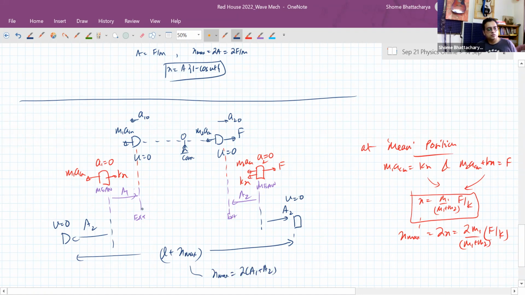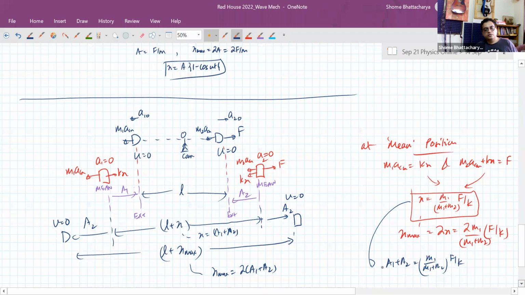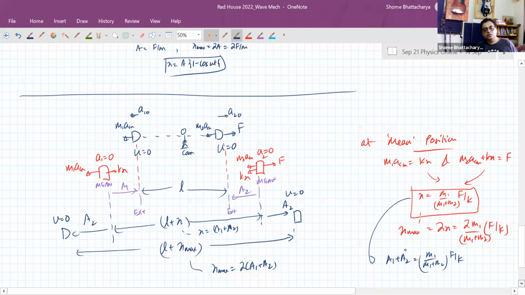Whereas here, this is L plus X, where at the mean position, X's value is A1 plus A2. This is the starting position where this was L naturally. So you can see that X max is this. Also, this is A1 plus A2. And you have M1 A1 is equal to M2 A2.